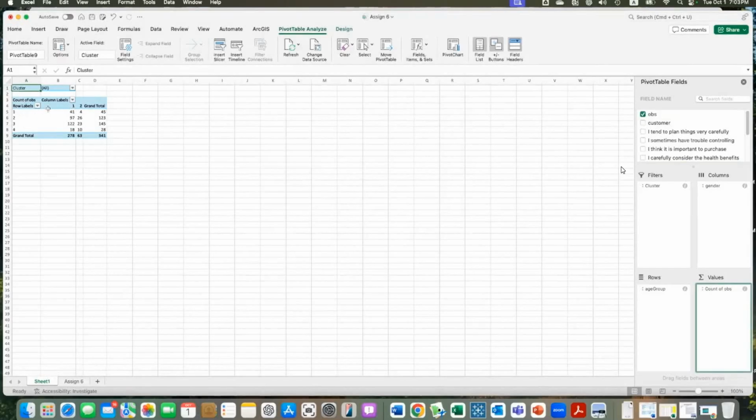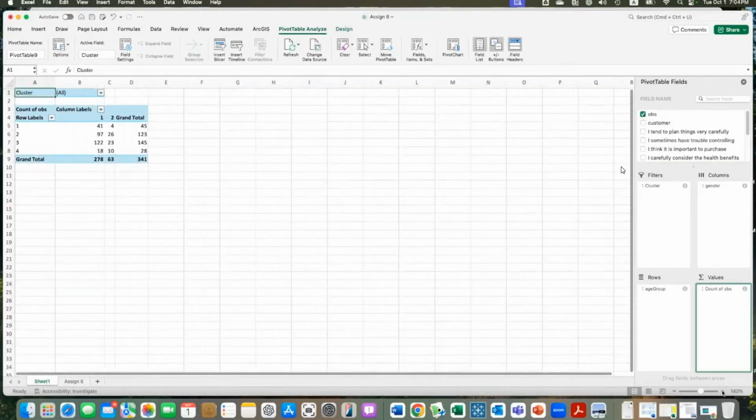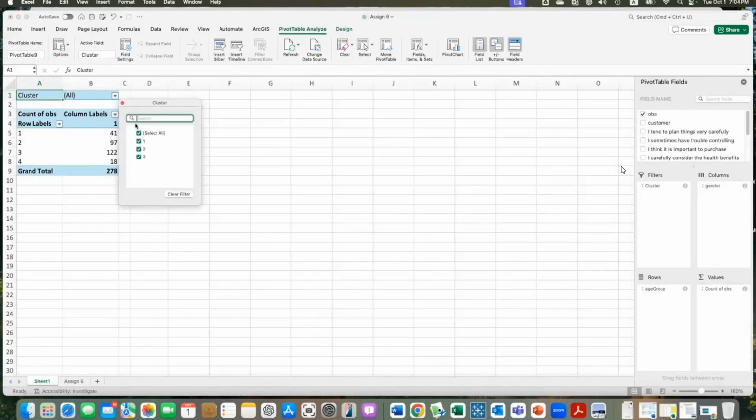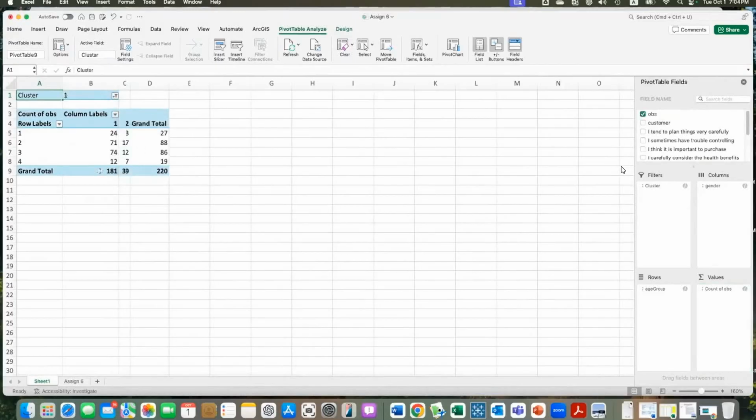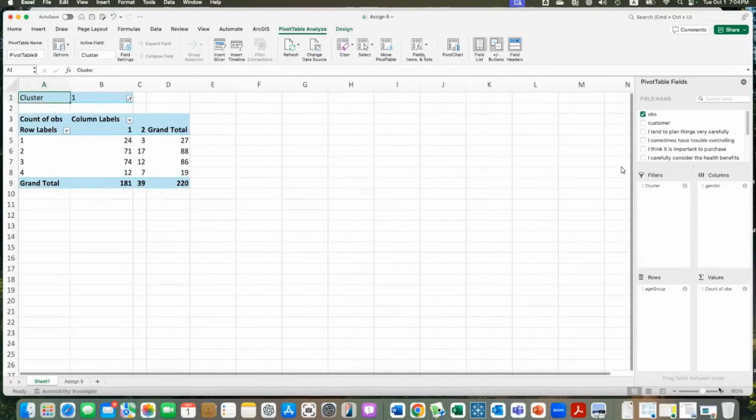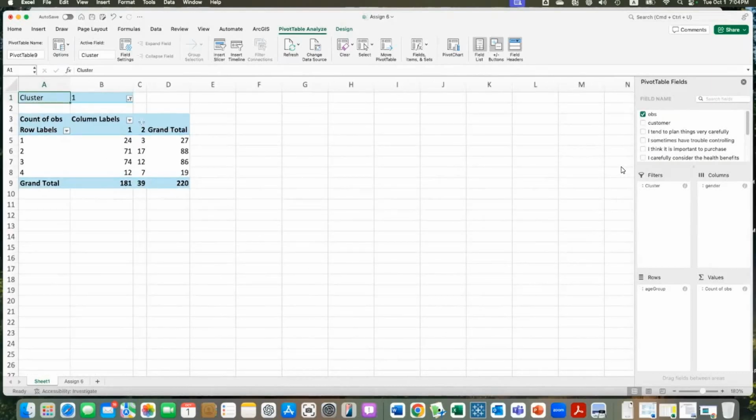Let's see, my target cluster is cluster 1. Looking at this table, within cluster 1, the majority of the group is here: gender 1 and the age group 2 and 3. So those may be my target customers.